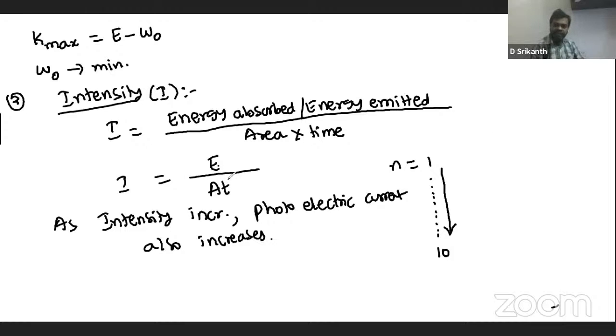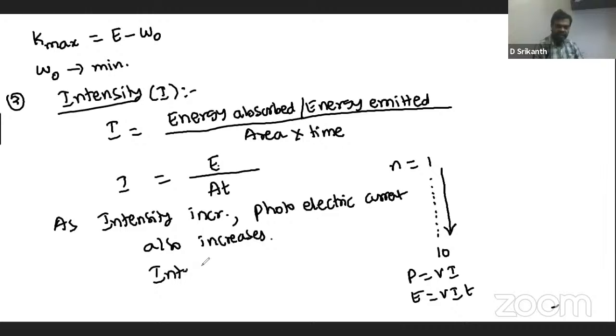Now here you can see that this energy may convert from light energy to electrical energy. Power means potential times current, so energy equals VIT. So obviously intensity is proportional to current.